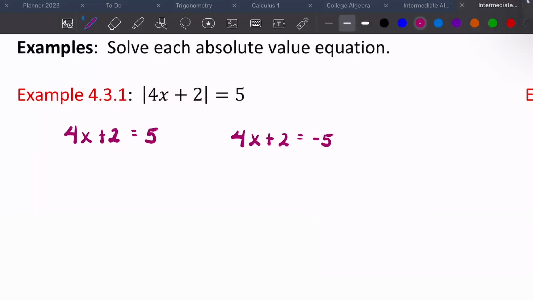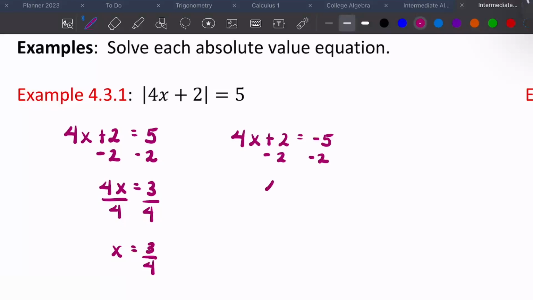Then you just solve each of them separately, right? Minus 2 is 3, divide by 4. Same thing over here, subtract 2.